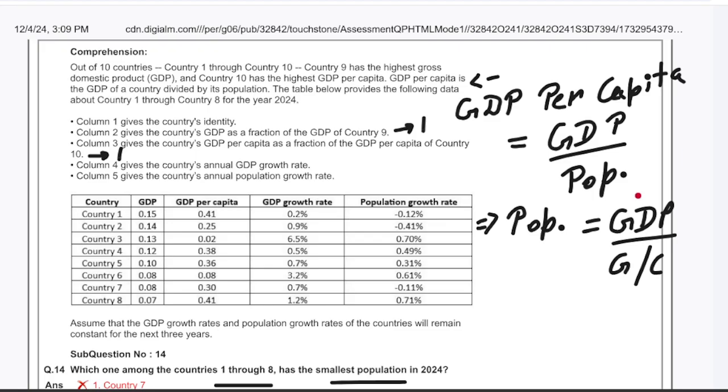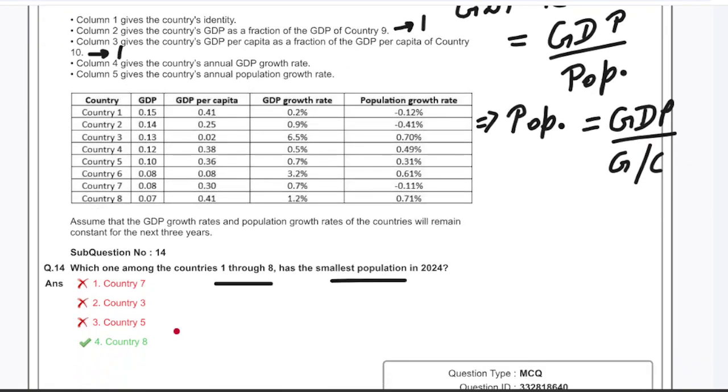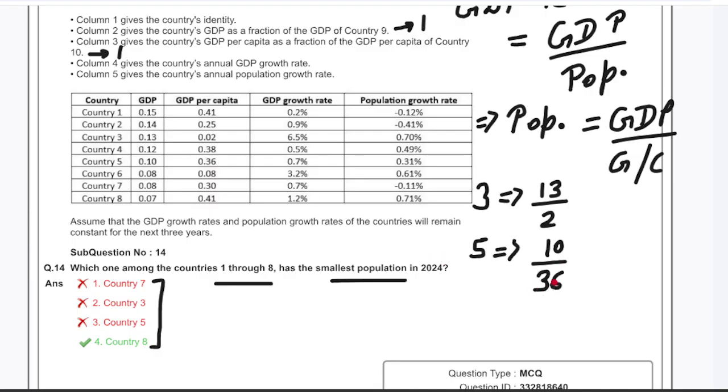Now, the question is about the lowest population. So for country 7, 3, 5, and 8, let's check them out. For country 3, if I check the population, the GDP is 0.13 and it is 0.02 GDP per capita. That means it is going to be 13 by 2. Decimals are getting cancelled. For country 5, the GDP is 0.10, that is 10, divided by GDP per capita, that is 0.36, that is 10 by 36.